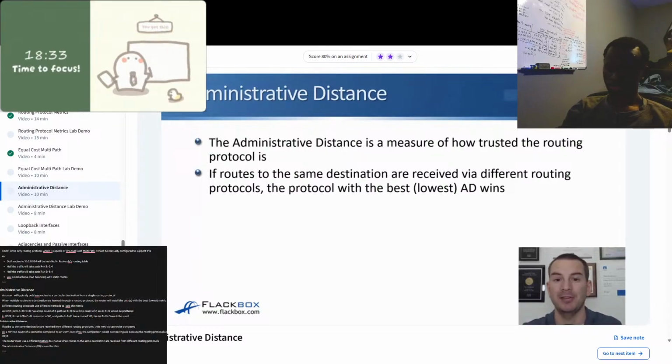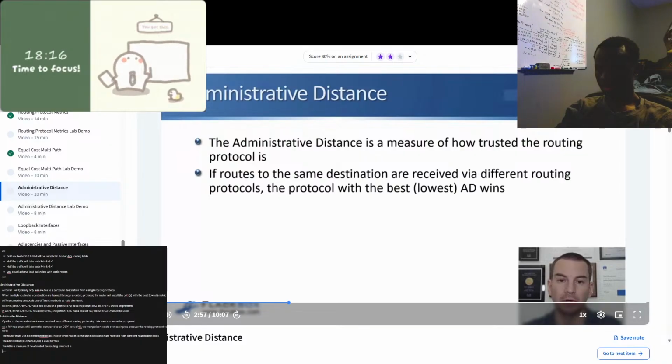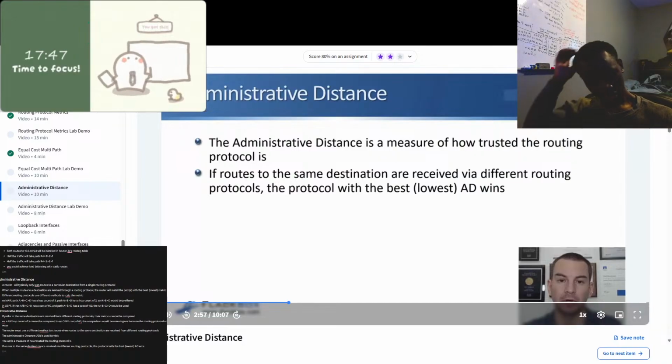The administrative distance is a measure of how trusted a particular routing protocol is.